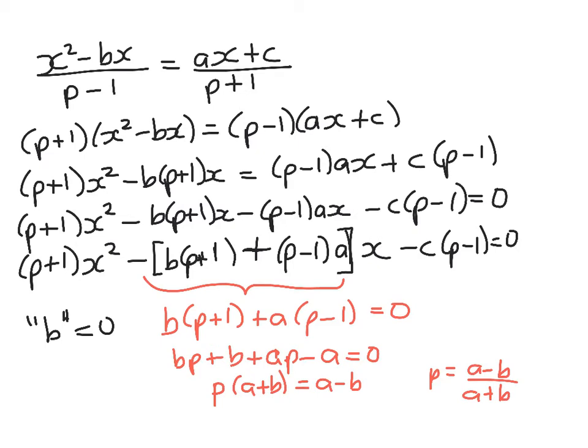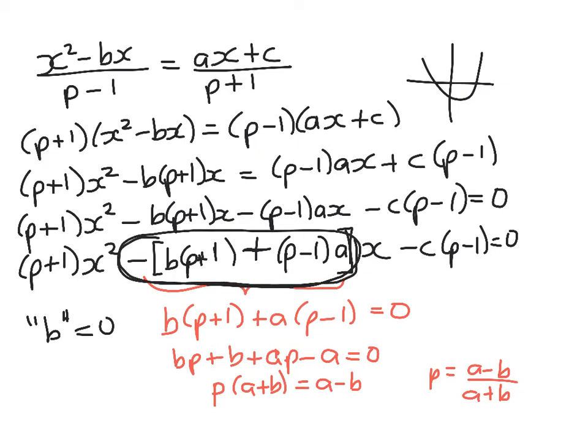So remember what we've done is we've said that we've got equal and opposite roots. So b, my coefficient on x, is equal to 0. And we've worked with that, and that's given us an expression for p. Now the next thing we're going to do is look at the discriminant and what that means.